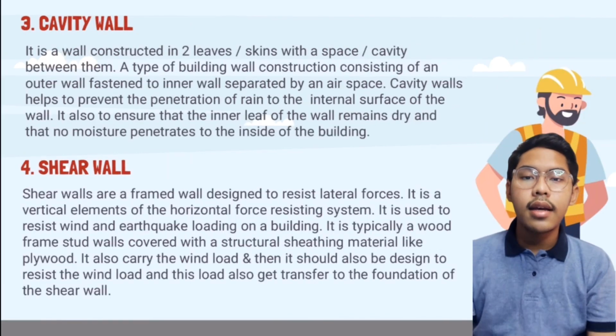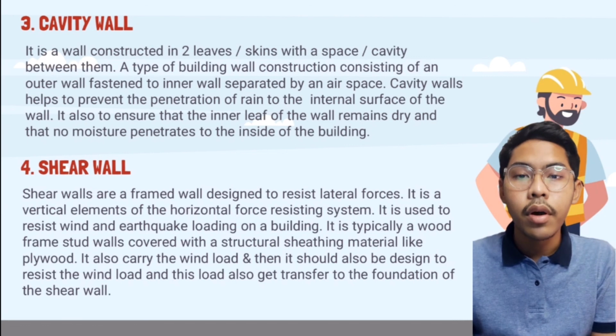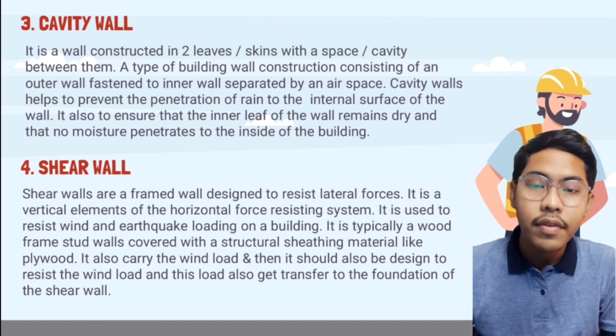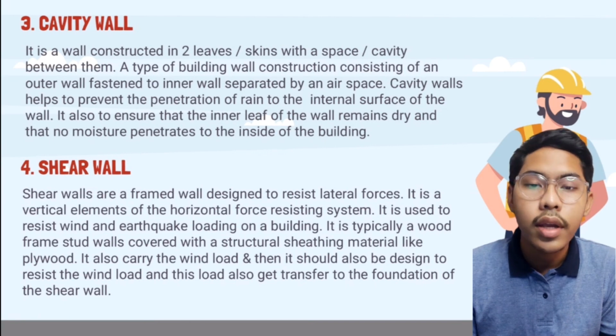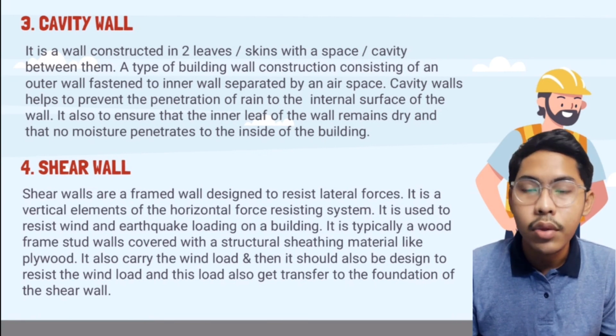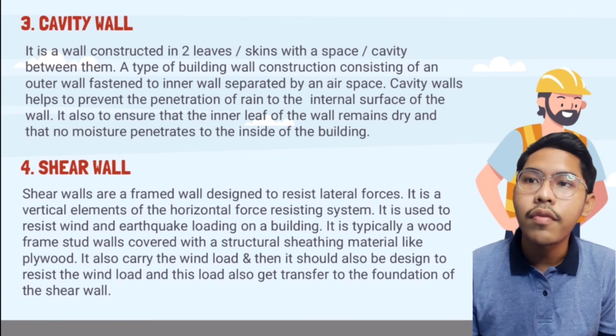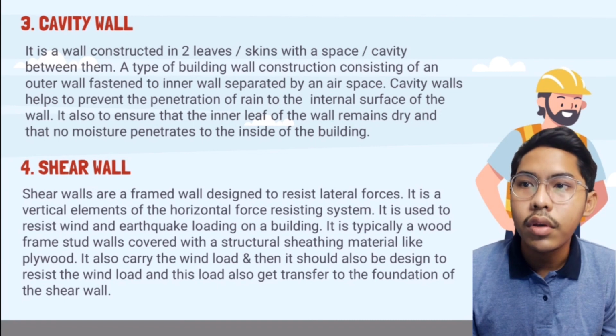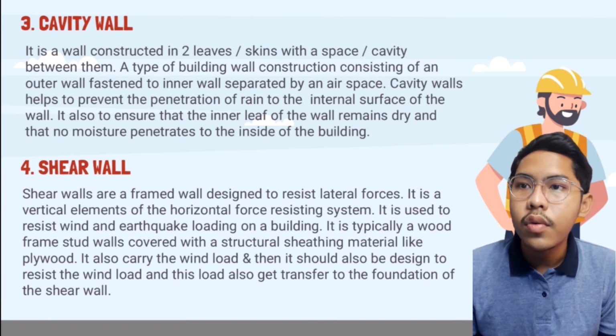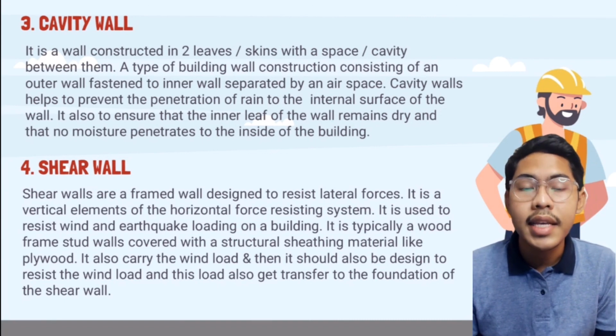Okay, next, number 3 is the cavity wall. A cavity wall is constructed in two leaves, or skins, with a space or cavity between them. It is a type of building wall construction consisting of an outer wall fastened to an inner wall and separated by a space.